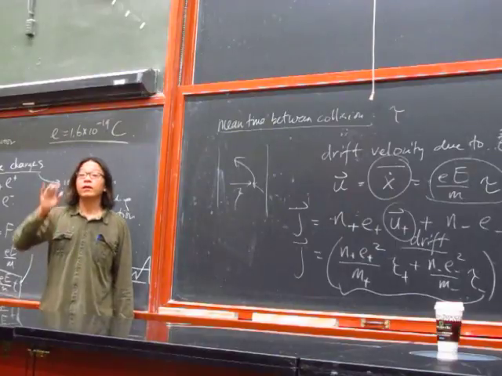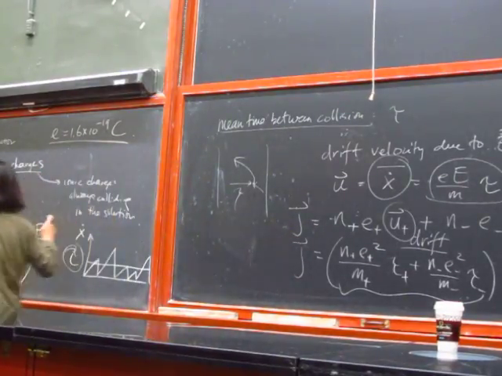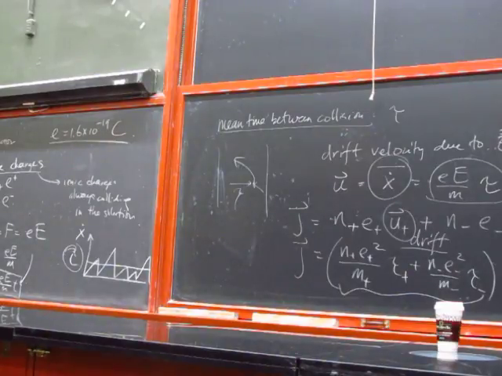Does the positive or negative affect? Yes, that's a very good question. If I have a positive carrier, the electric field will push it that way, and it contributes to a current going this way.